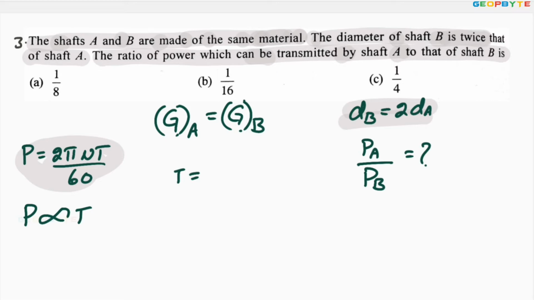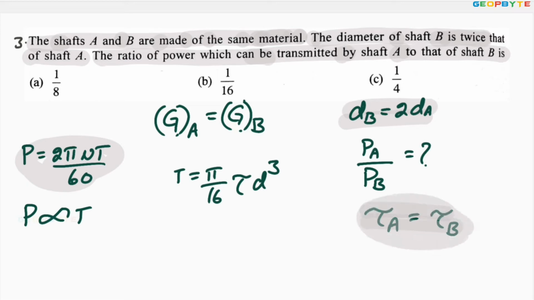Torque T equals pi by 16 into tau into d cube for a solid shaft. Assume both A and B are solid shafts. Since both are made of the same material, the shear stress for shaft A is equal to the shear stress for shaft B. Shear stress remains constant because both are made of the same material.